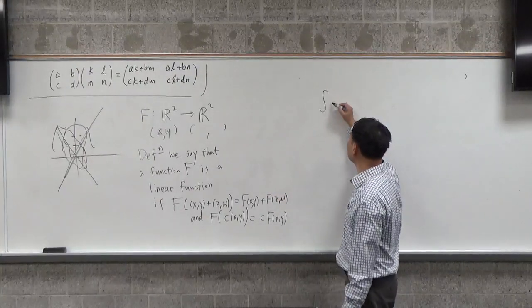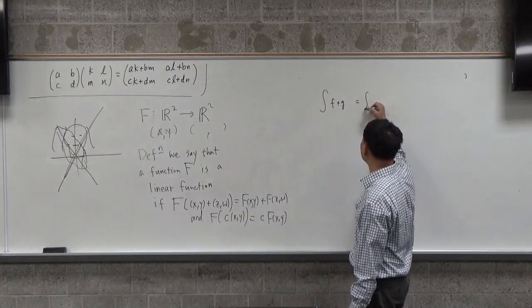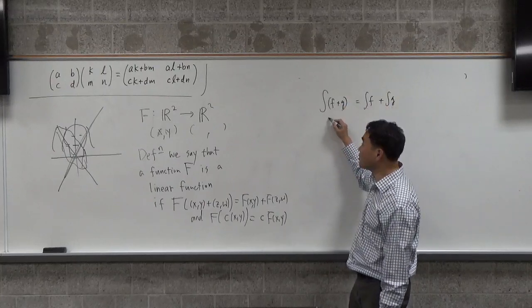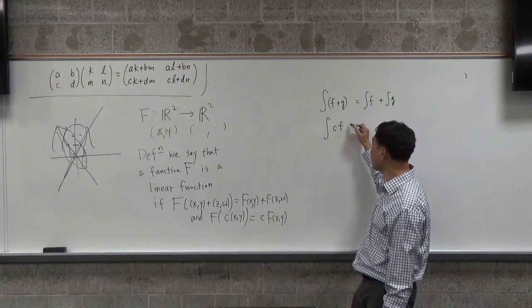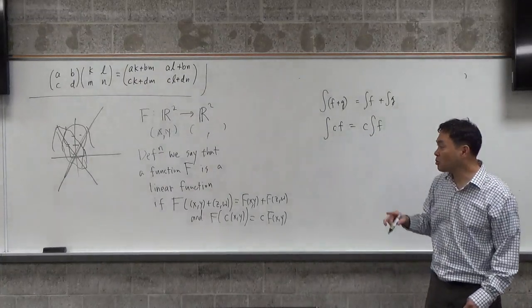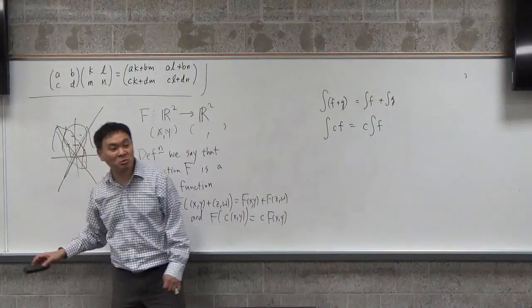If you have the integral of f plus g, it's the same as the integral of f plus the integral of g, right? And if you have an integral of some constant times f, it's the same as the constant times the integral of f. So those are some things that we already learned in calculus. That kind of property is called linear.